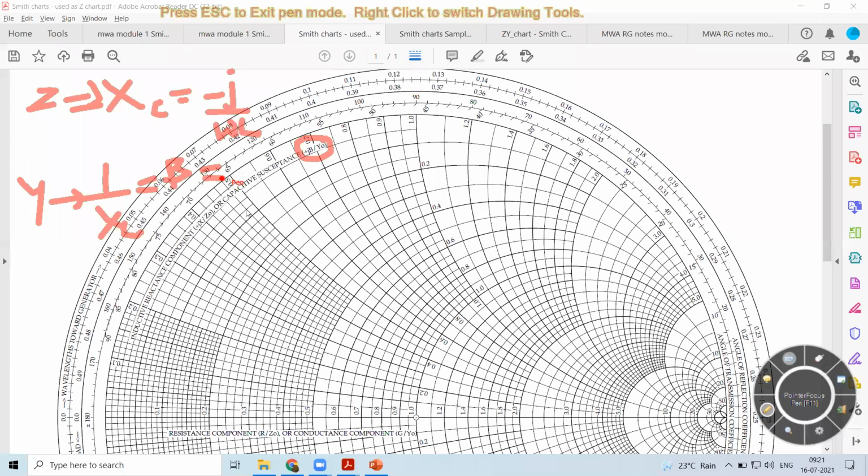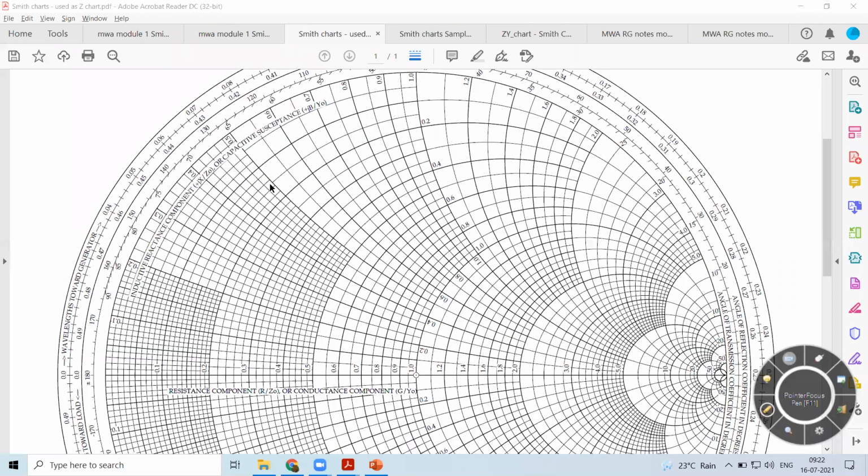Since minus j goes down, when you take it up, it becomes plus j omega c. So this part is plotted in the upper half. Here you can see that it is positive.